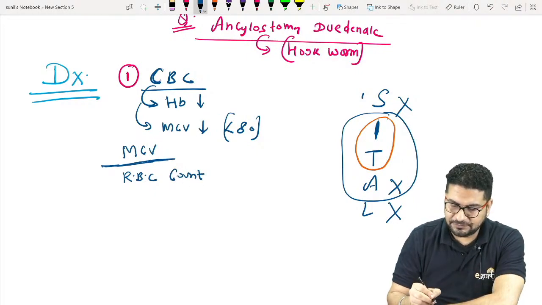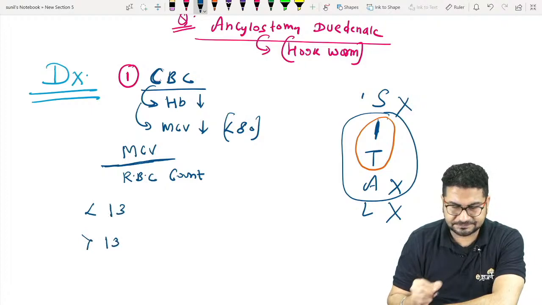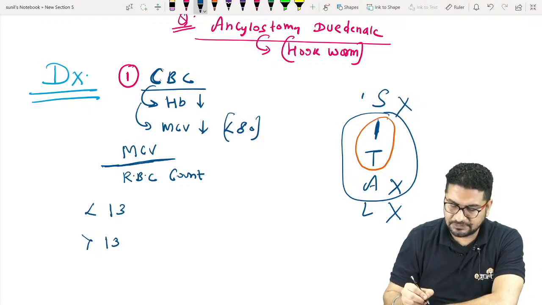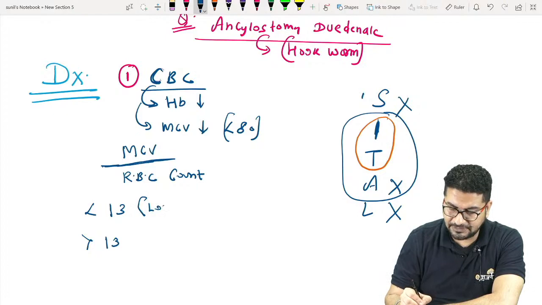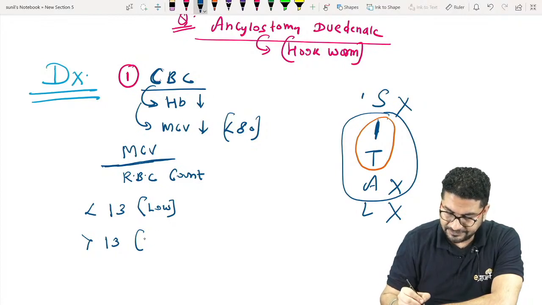Understand this. Divide the MCV by the RBC count. The value may come less than 13 or more than 13. Values less than 13 means values are low. Values more than 13 means values are increased. Clear?